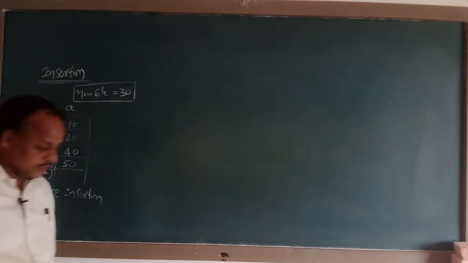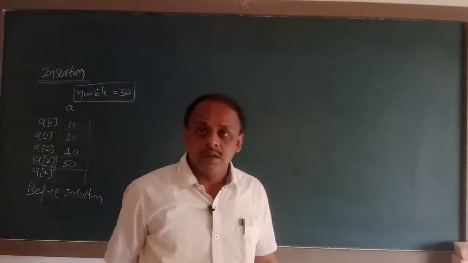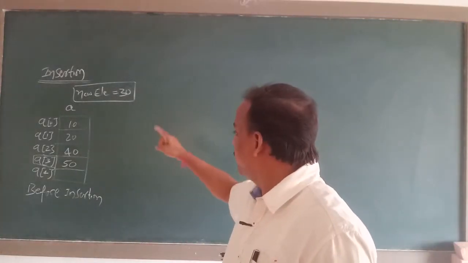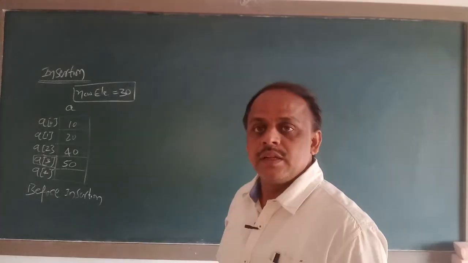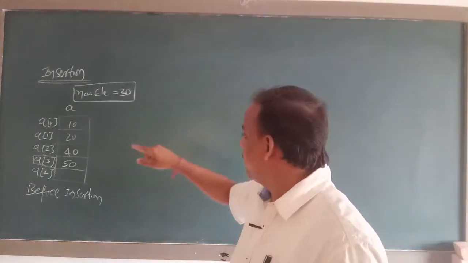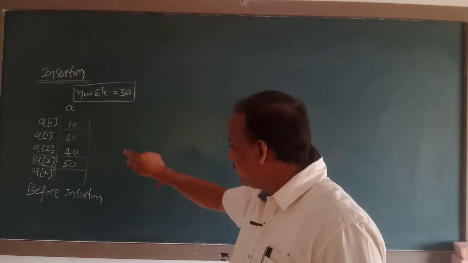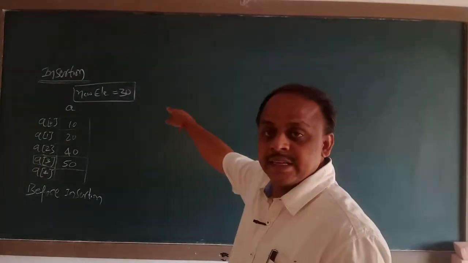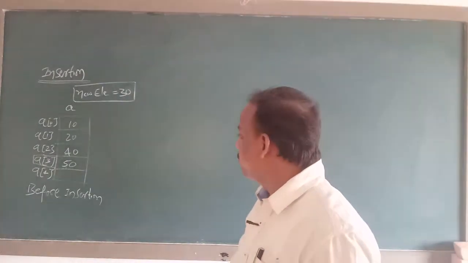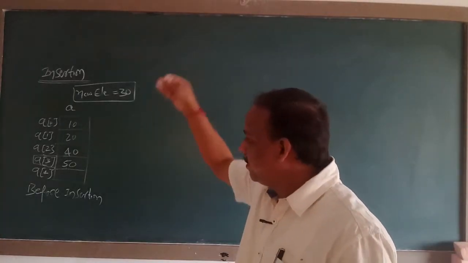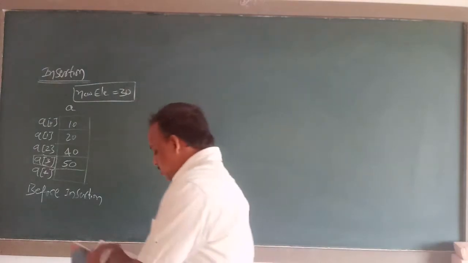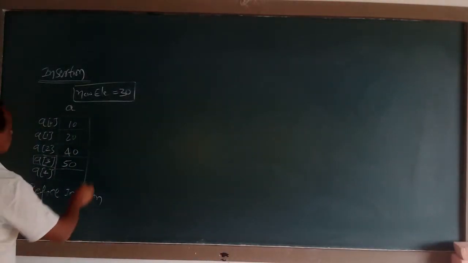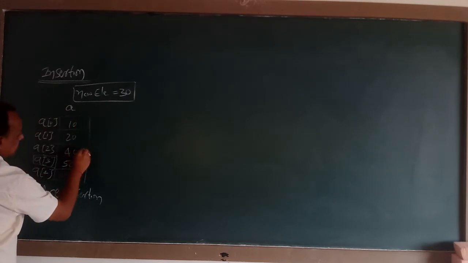See here, let us consider an array A with the elements 10, 20, 40, 50 in the memory locations A of 0, A of 1, A of 2, A of 3 respectively. Then a new element, consider 30, is to be placed in the third position. Third position means 1, 2, 3, right?